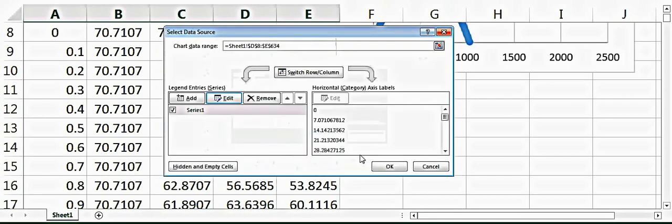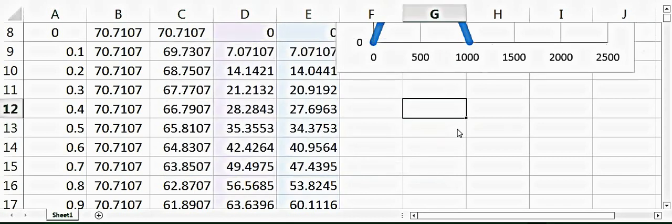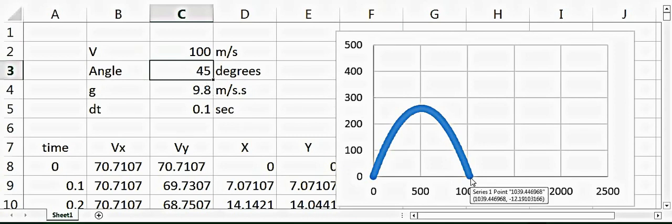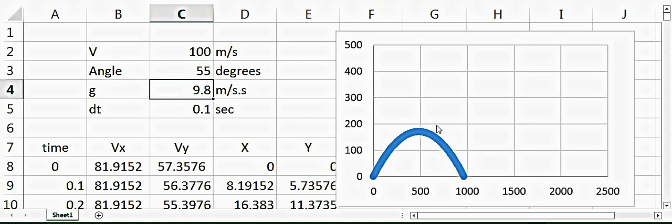As you can see, when I have 45 degrees, it goes to around 1000, or 1039, and if I change it to 55, then instead of going to 1059, it goes to 982. As you remember from learning the trajectory of a ball, the ball goes to the maximum distance when the angle you throw at is 45 degrees.